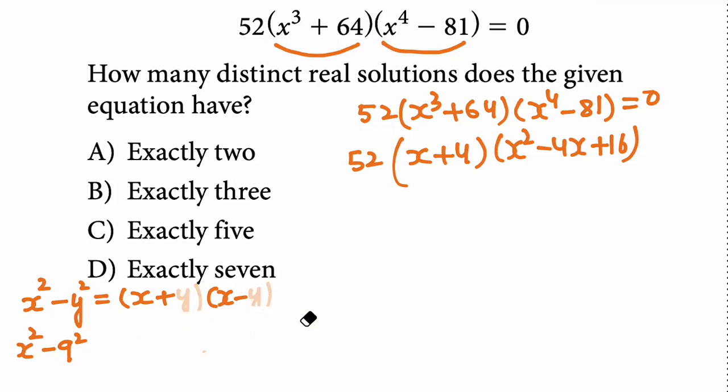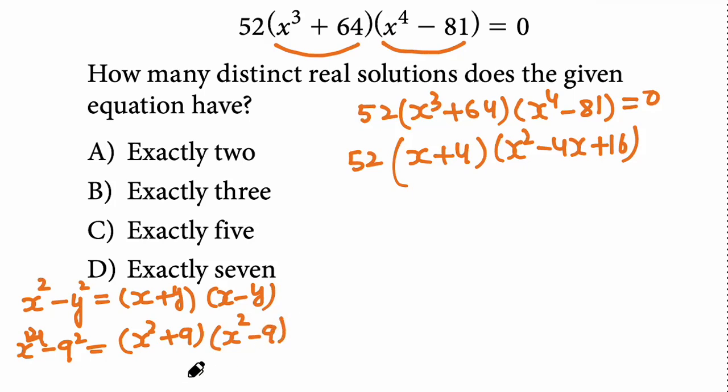x squared plus 9, right? Because here we have x to the power 4 minus 9 squared. So x squared plus 9 and x squared minus 9. Now again I can see x squared minus 9 as x plus 3 and x minus 3.